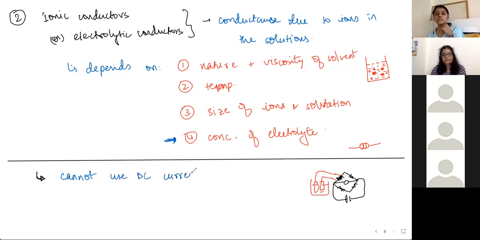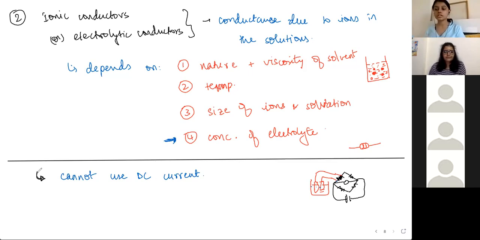So, ma'am, right now we're jotting down the reasons why we can't use a Wheatstone bridge to measure the conductance of electrolytic conductors. Basically, it's why we can't use the Wheatstone bridge the way the standard Wheatstone bridge is used, the problems that come with using it as it is.